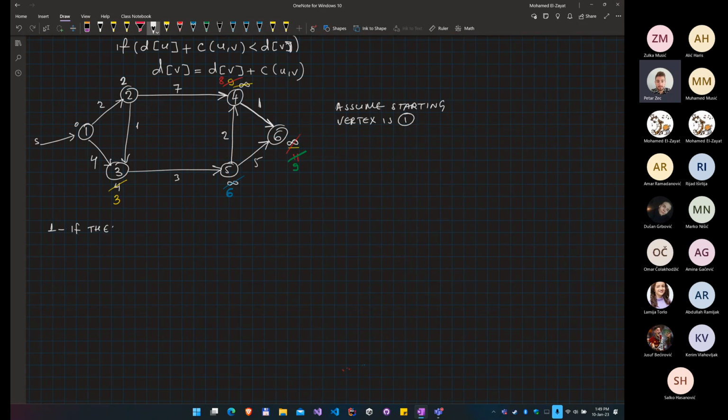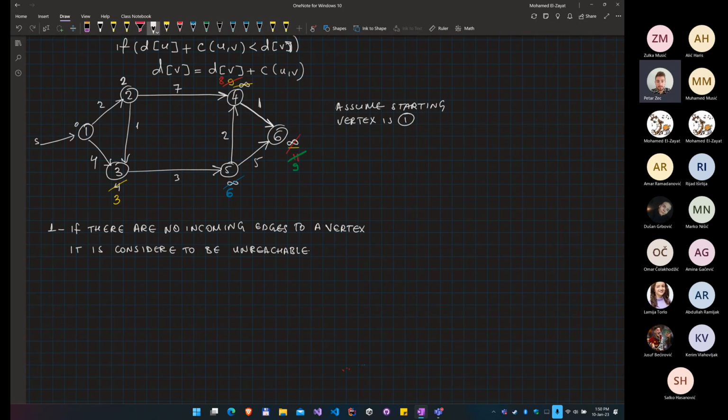If there are no incoming edges to a vertex, it is considered to be unreachable. Okay, this is super important.